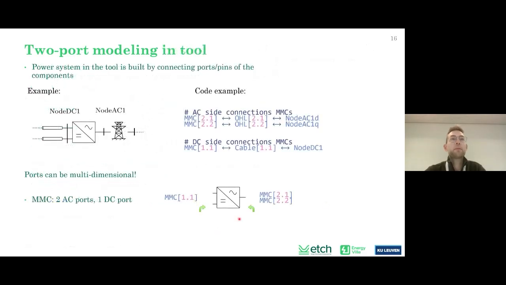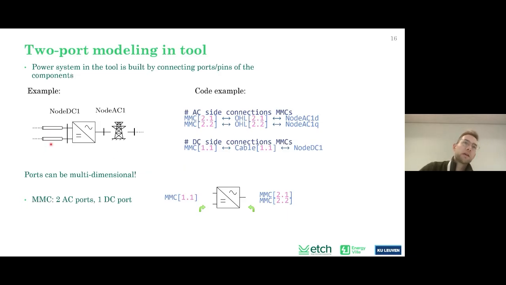For that, I have prepared a small example. So the power system here evidently is not a complete power system, but for the sake of showing how the tool works, it just consists of three components. So if we go into the system in the tool, we connect the different ports of the elements. So in this case, we connect the AC side of the MMC to the AC side of the overhead line.